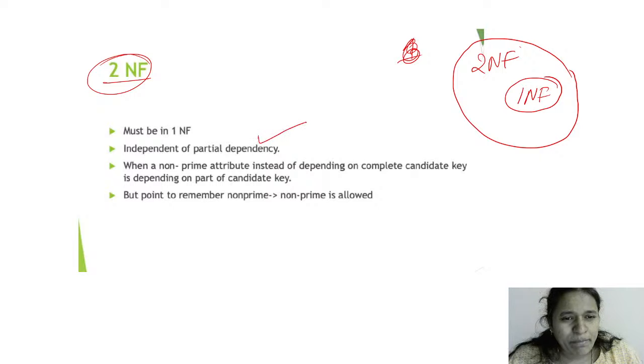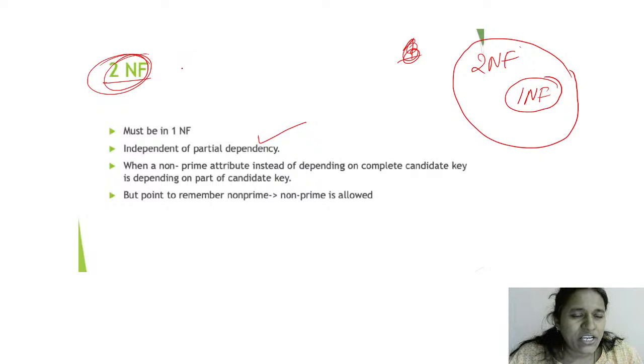In the second normal form, there should not be any partial dependency. What is partial dependency? Second normal form means fully functionally dependent on the candidate key.